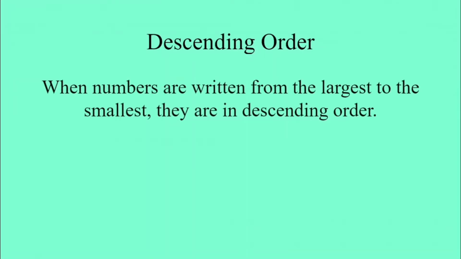So the other order of arranging numbers is descending order. When the numbers are written from the largest to the smallest, they are in descending order. That means we arrange the numbers from the largest to the smallest.